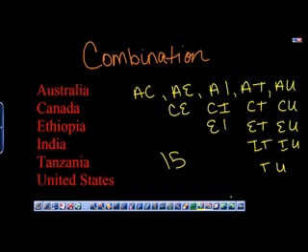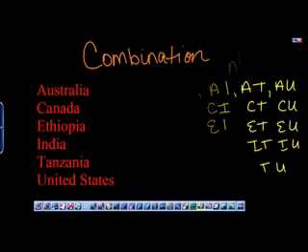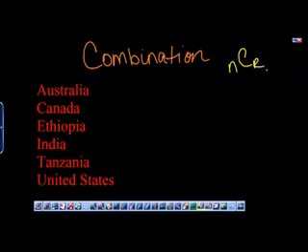So how do you figure out a combination without having to count or write out each one of these? In general, there are fewer combinations than permutations. To find the number of combinations, written nCr, find the total number of permutations first, then divide that by the possible permutations. So here's what this means.